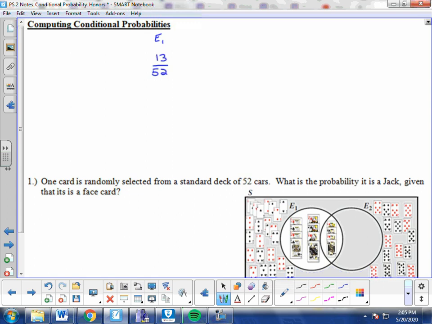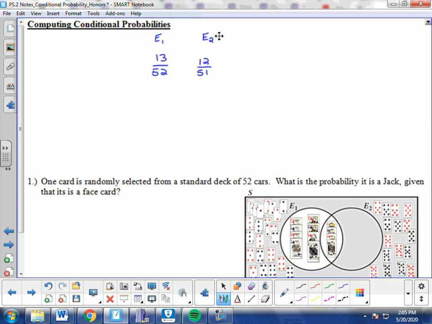Now let's say the second event is also drawing a heart. Well, if I drew a heart on the first event, now there's one less card in the deck, so now my sample space is 51, and the number of hearts in that deck would be 12. And this is under the assumption that I'm not putting cards back.